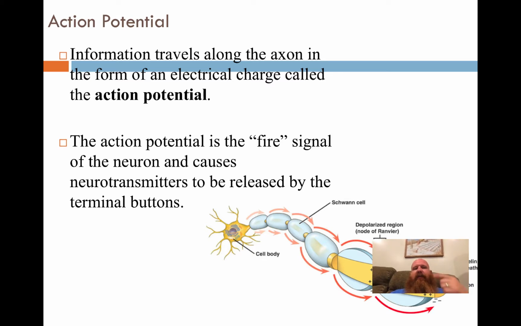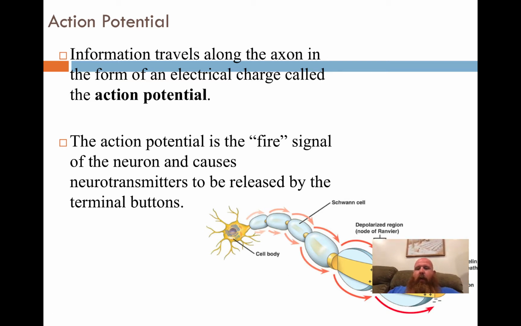But as information enters the cell at the dendrites and goes through the cell body, and the nucleus decides, yes, I want to send this, it enters into the axon, which we've talked about, but we've not talked about how it moves. That's what the action potential is. It is the electrical charge. This is the fire signal of the neuron, and that causes the neurotransmitters to be released at the terminal buttons, which we've not talked about yet. We'll talk about that a little later.